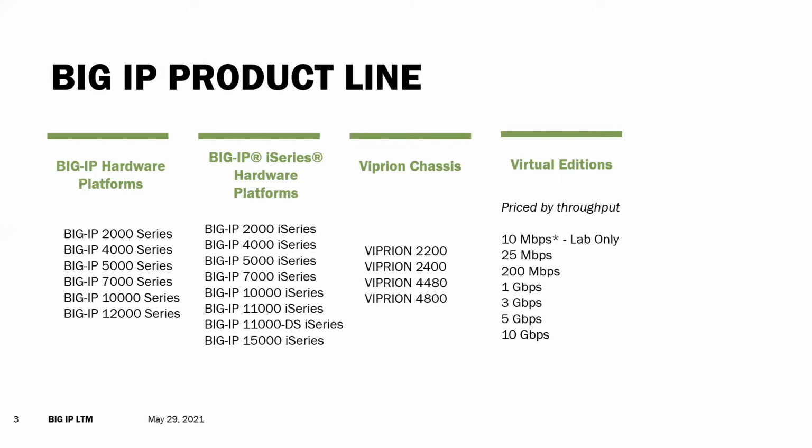These are very good options just in case you are hosting a private cloud, like you are dedicating your data center to host services for different clients. You can create virtual instances on these VIPRION chassis. You can increase the throughput, increase the hardware with newer blades on it, and then you can create separate instances of BigIP for separate clients.